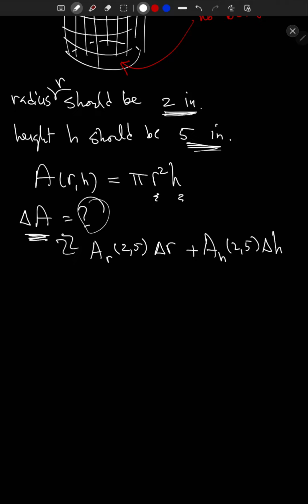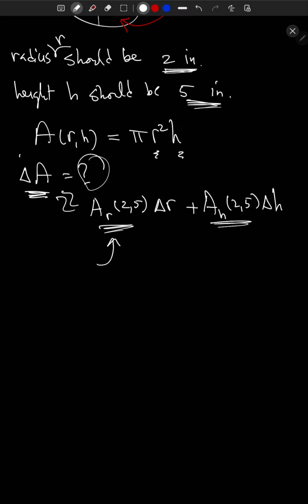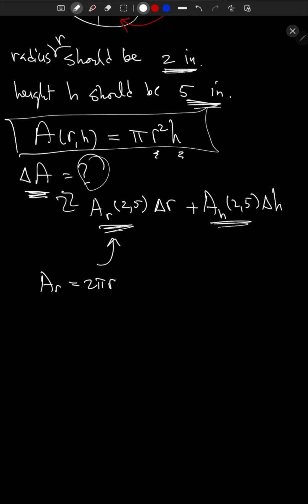All right. So once I've calculated this, this guy's going to be a number, this guy's going to be a number, everything is going to be super, super simple. Okay, so A sub R, 2, 5, well, there's my formula for A. A sub R is going to be 2 pi RH. And so A sub R at 2, 5 is going to be 2 times pi times 2 times 5, 20 pi.